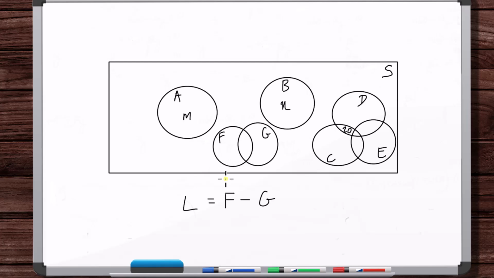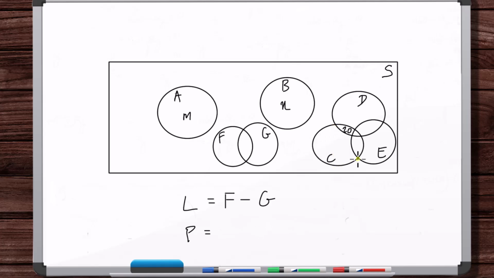You see, if I said set P is equal to set C minus set D, then I would be taking set C and removing this. So I would be left with set P would be all of this. If I also subtracted out set E, then the set P in that case would be all of this. You see?